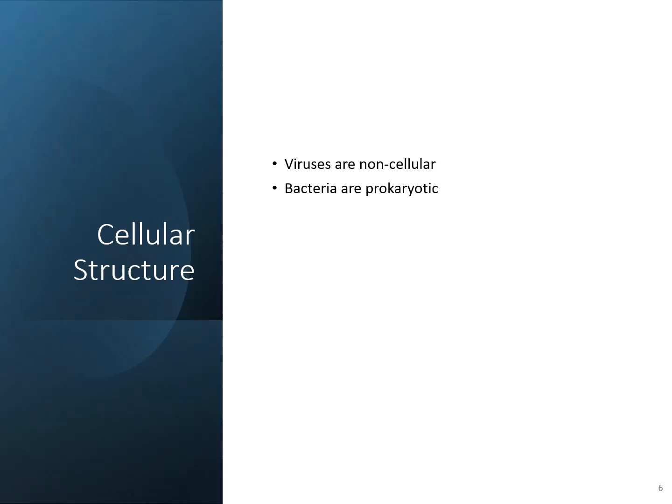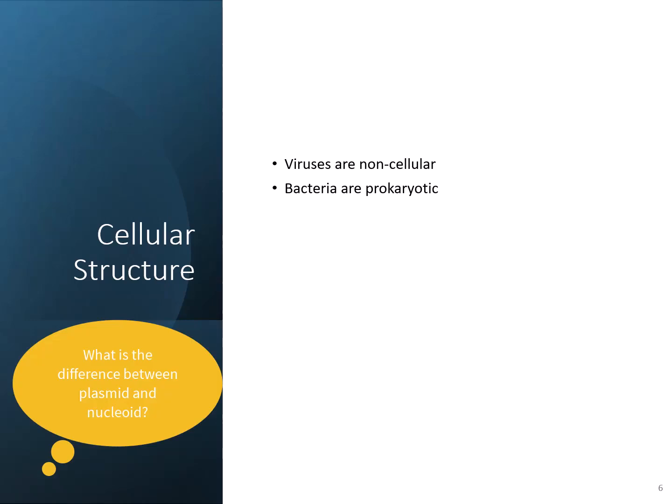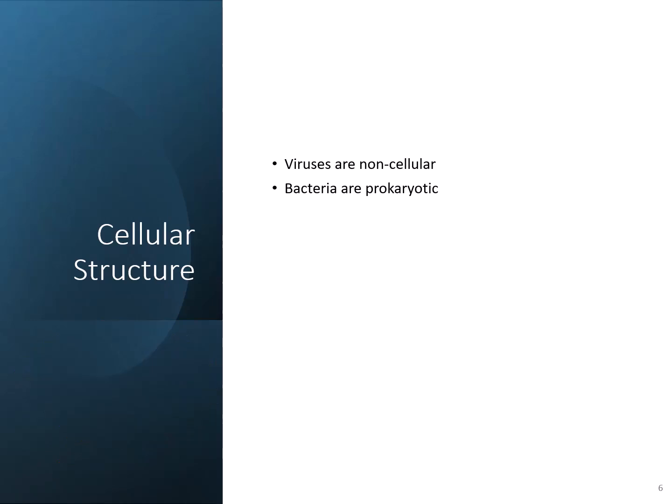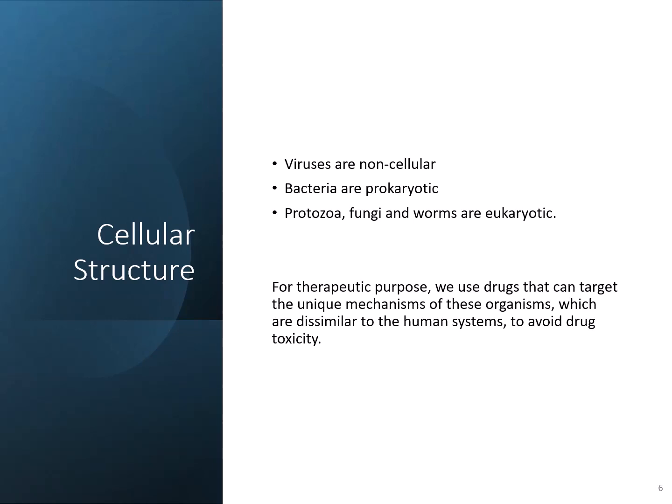Bacteria are prokaryotic organisms. They have a main region where the nucleus is not present, but the genetic material, which is DNA, is tightly packed and found in a circular form, which is called the nucleoid. There are also certain accessory DNA molecules roaming around in the cell, known as plasmids. Protozoa, fungi, and worms are eukaryotic, and their genetic material is present within the nuclear membrane.